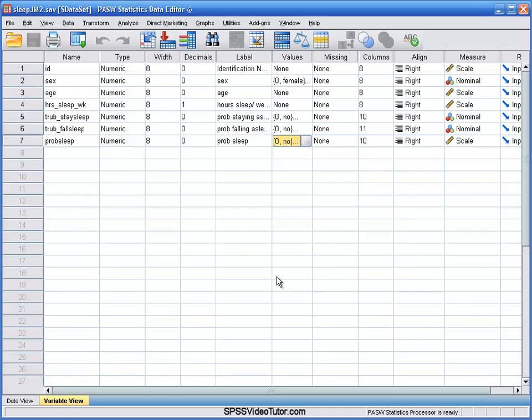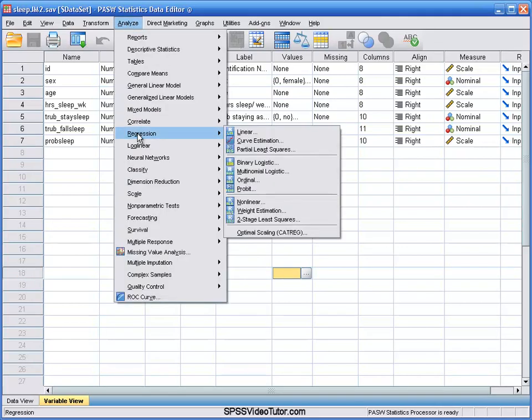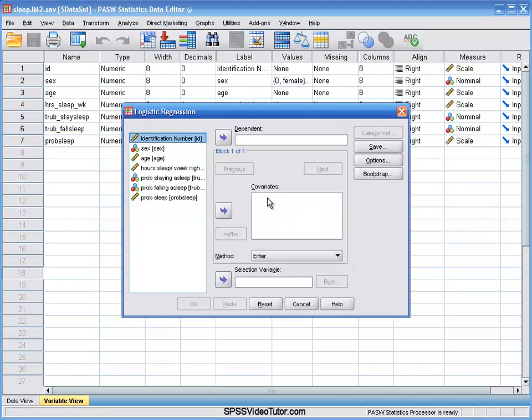All right, now to begin, we go to Analyze, we go to Regression, we go down to Binary Logistic. The first thing that we do is we move our dependent or outcome variable into the dependent box. Problem sleeping is our dependent variable.